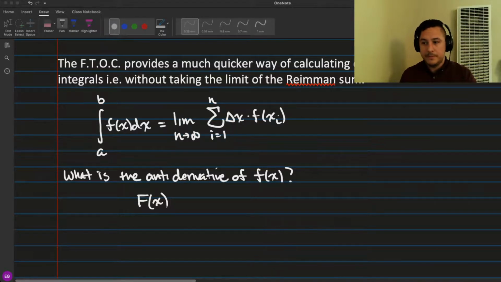That's a good question. So how do you know if big F is the antiderivative of little f? Do we remember? Big F does not equal little f, but something like that.